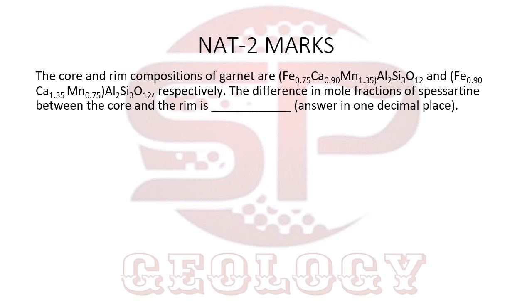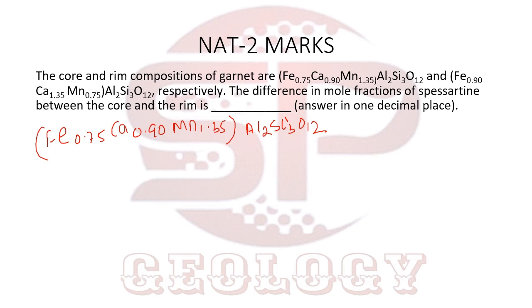Now the core and rim composition of garnet are given. The core composition is given as Fe 0.75, Ca 0.90, Mn 1.35, Al2Si3O12. The rim composition is given as Ca 1.35, Mn 0.75, and Fe 0.90.